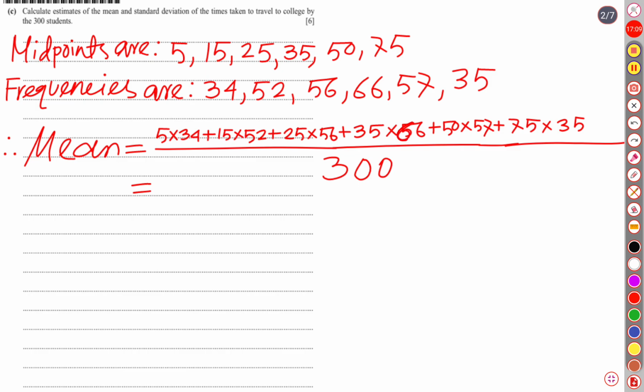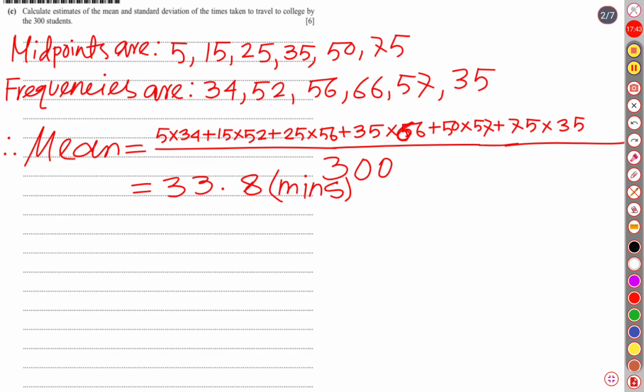Plus 50 into 57 plus 75 into 35 equals 33.8 minutes. So our mean value is 33.8 minutes.